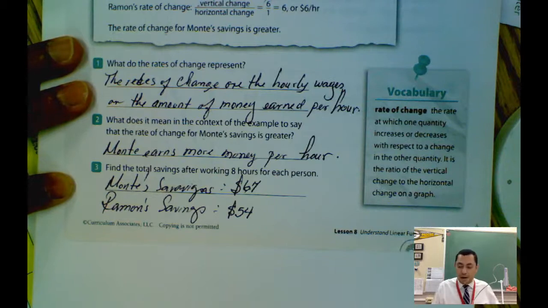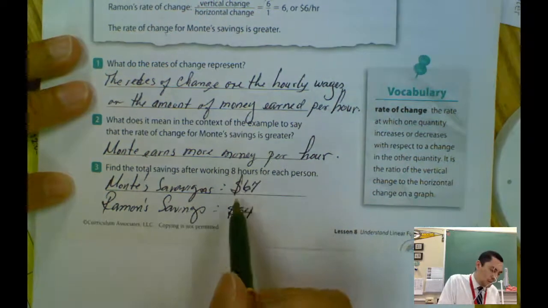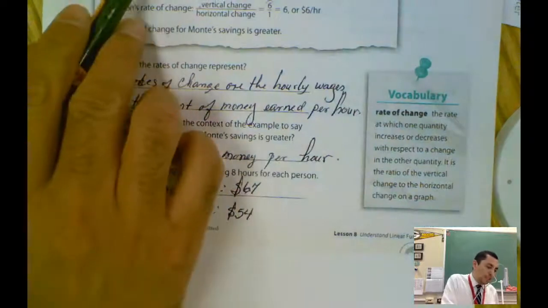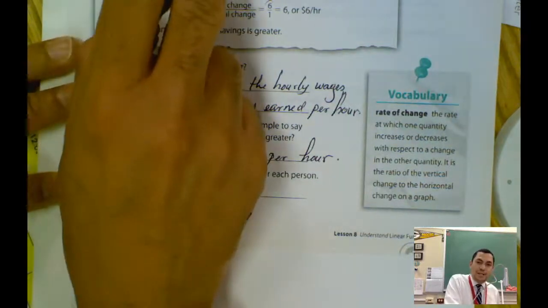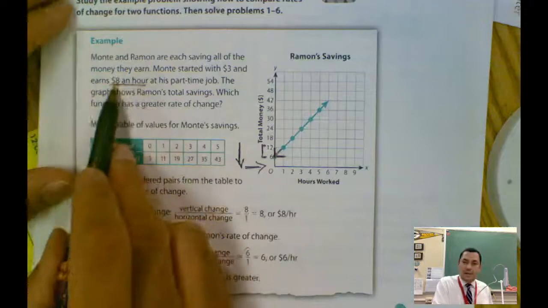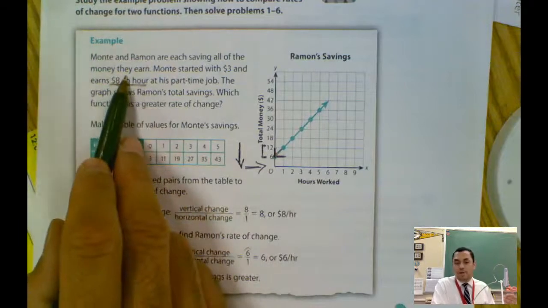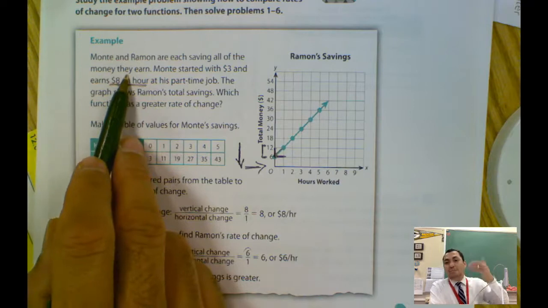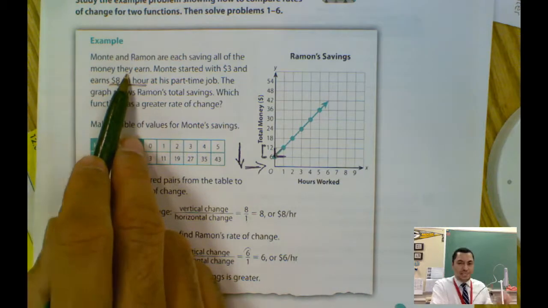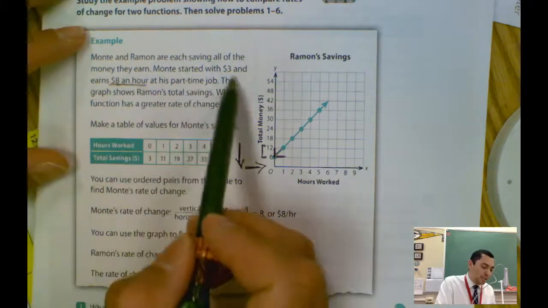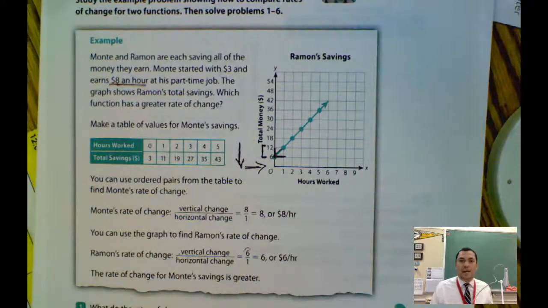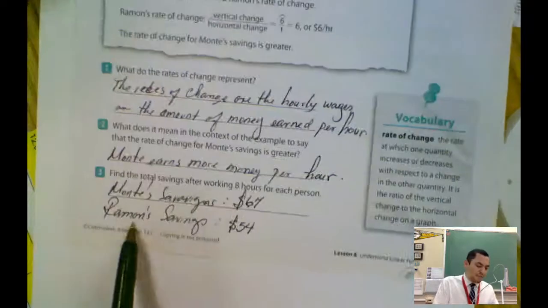How do we figure out that one? You work 8 hours times $8 per hour, so you get 64, plus the $3 that he already started with. So you earn $8 times 8 hours, which is 64, plus the $3 that he already had, so we get 67. And same for Ramon's.